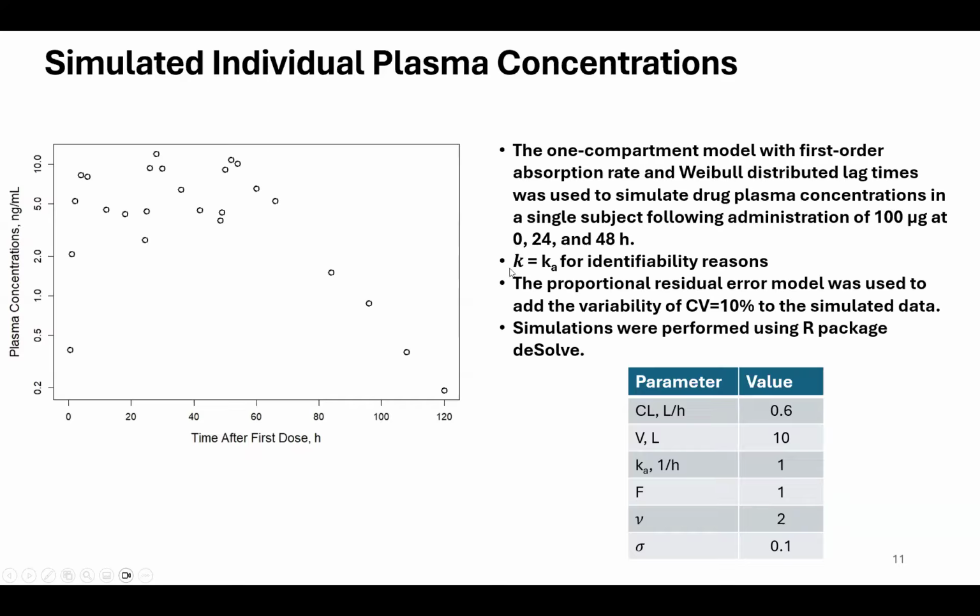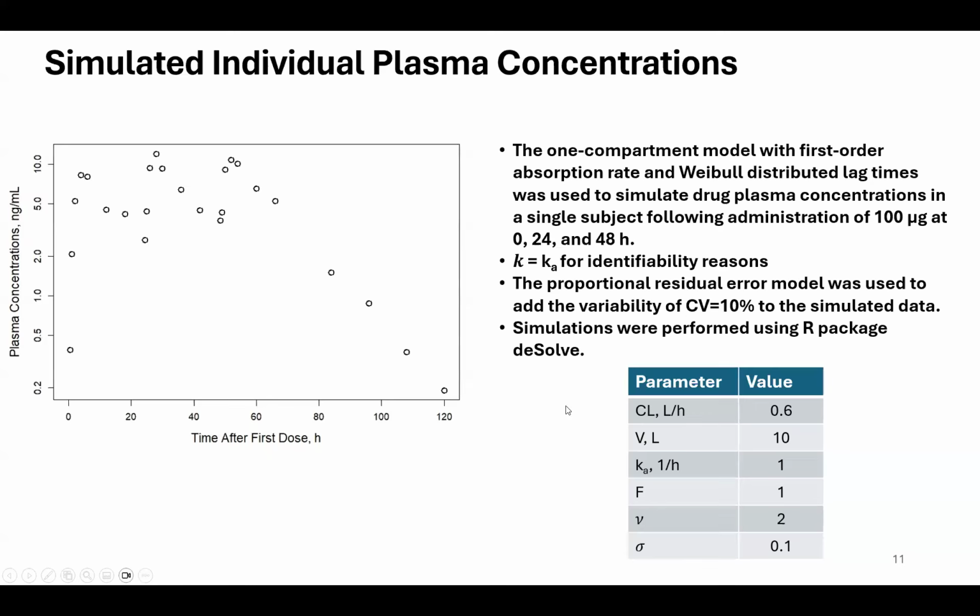The only thing I wanted to mention is that the scale factor for the Weibull distribution, or any distribution for that matter, I set to be equal to the absorption rate. If I wouldn't do that, I would have some identifiability problems, and I don't have time to discuss it today.